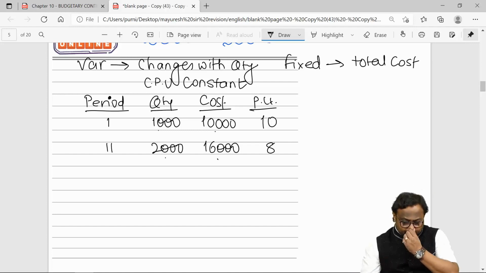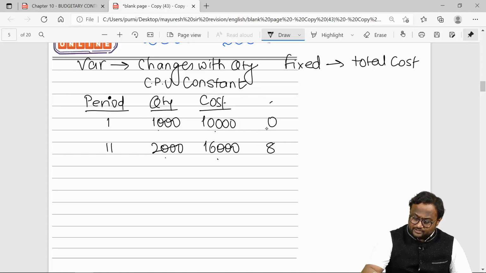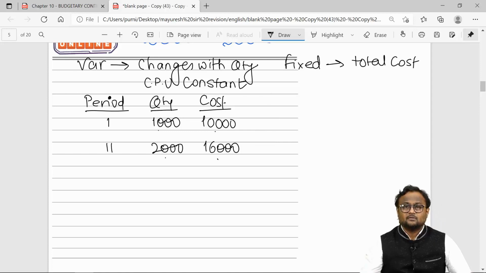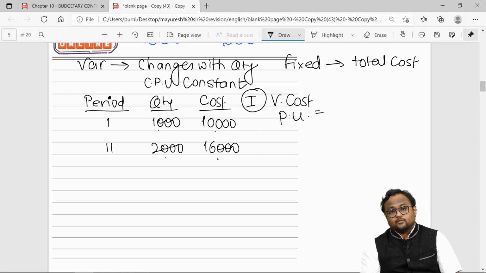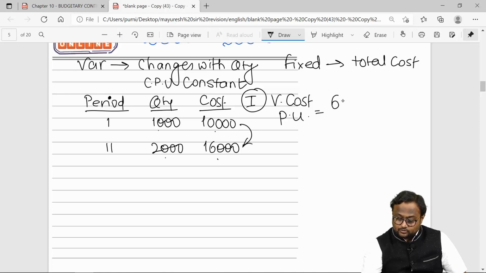And if it is your semi-variable cost, how to split that? Because I'm not interested in total, my first step will always be getting variable cost per unit. How much is the difference in cost? 6,000.